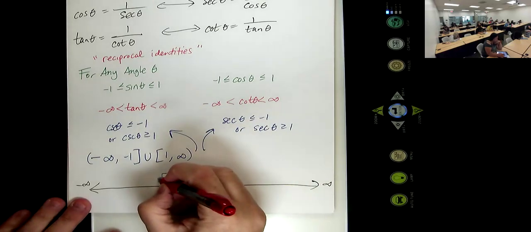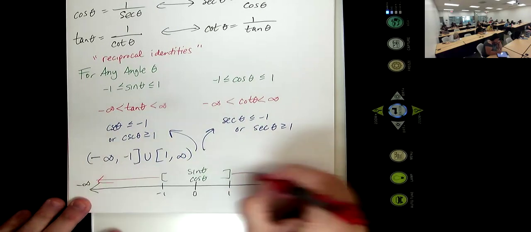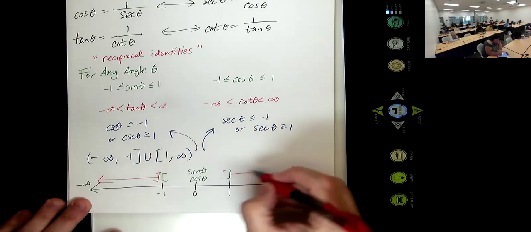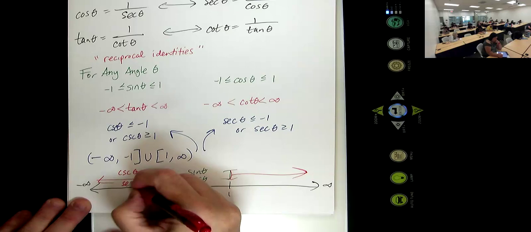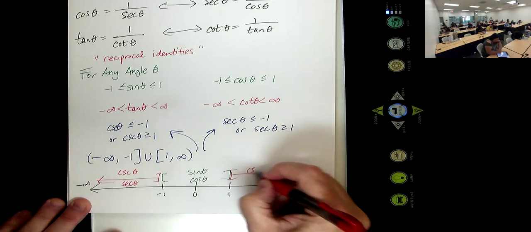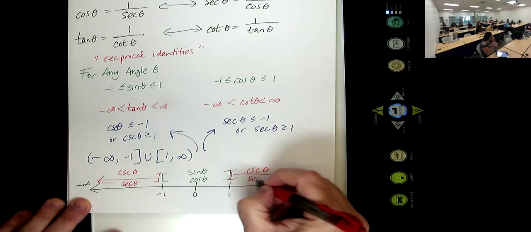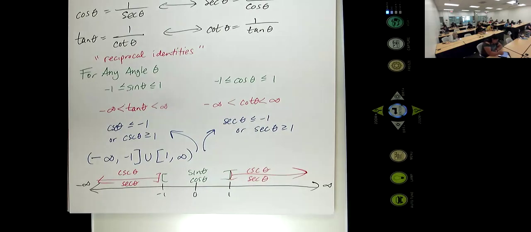And if I go to the left or to the right of there, this is our cosecant or secant. And then cotangent, tangent is anywhere.